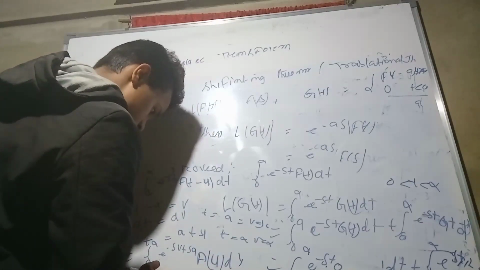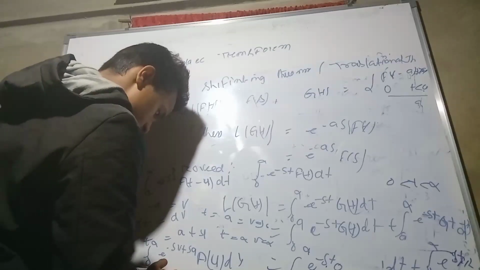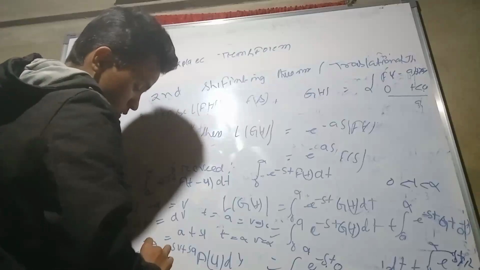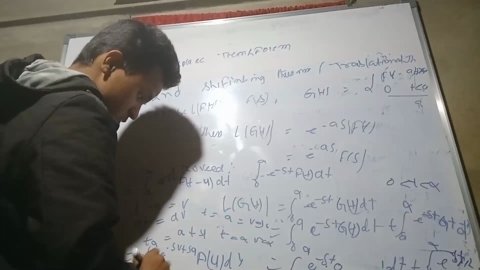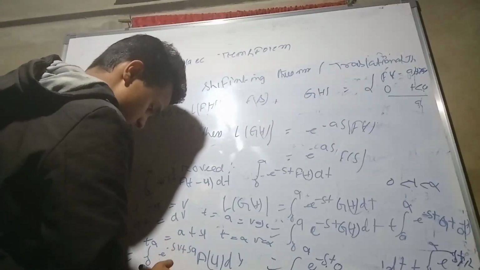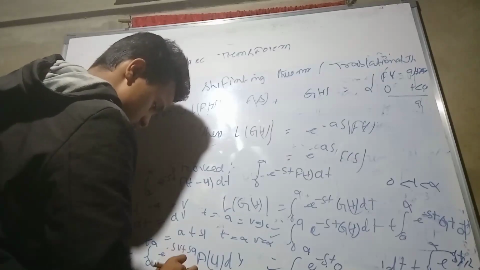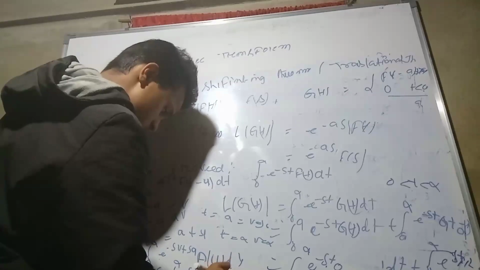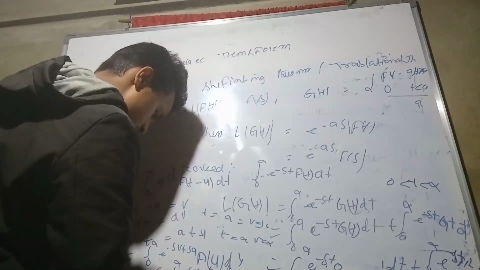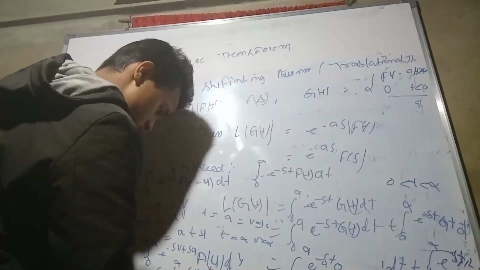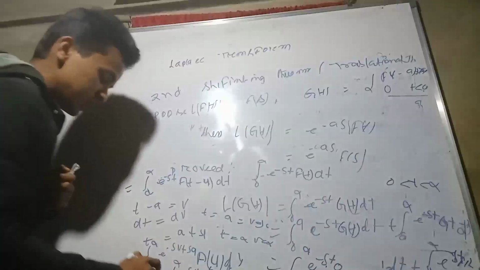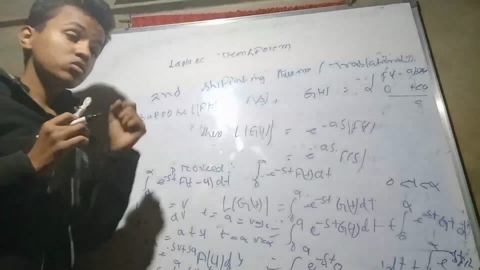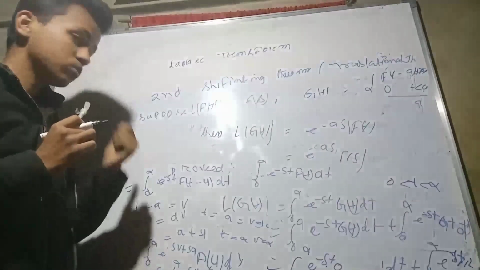That gives us e to the power minus s a times the integral from 0 to infinity of e to the power minus s u f of u du, which is our F of s. Okay, so we can find the Laplace transform of g of t as e to the power minus a s times F of s. That is our proof. We will do questions based on this theorem in the next video.